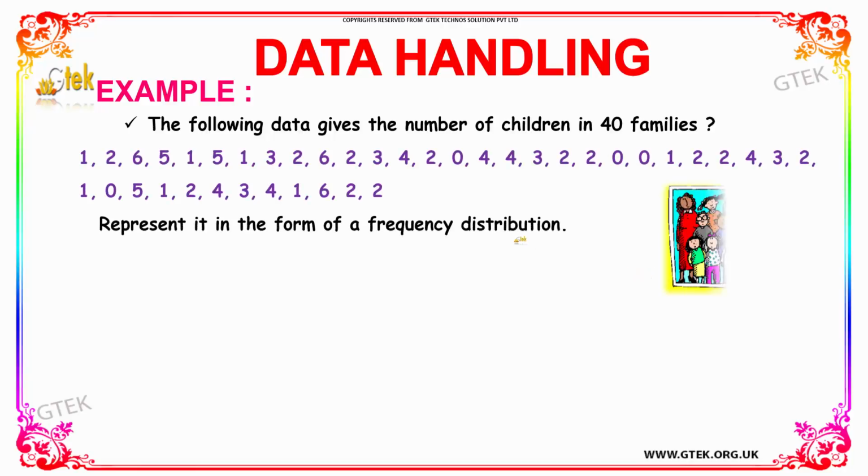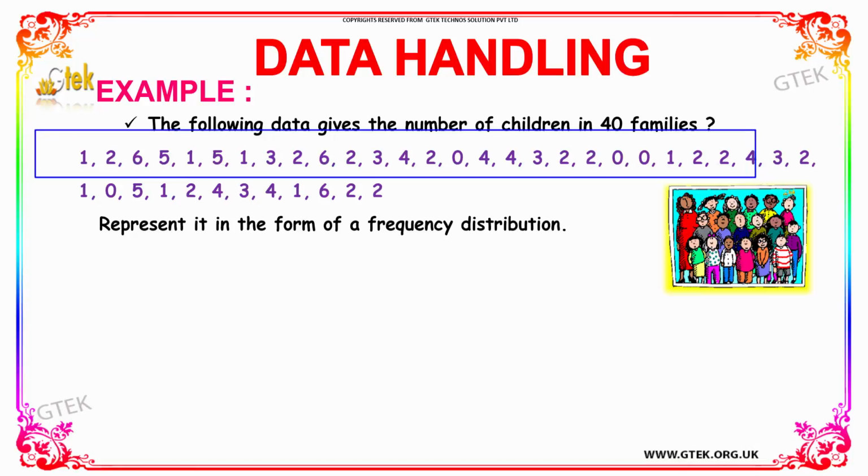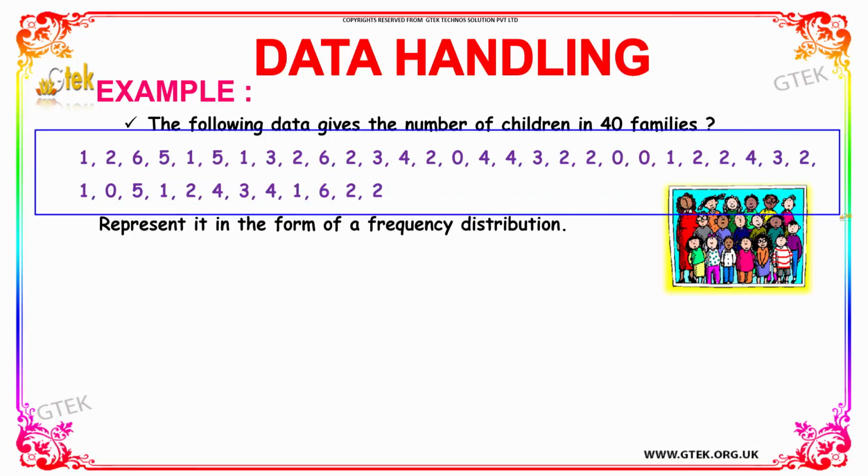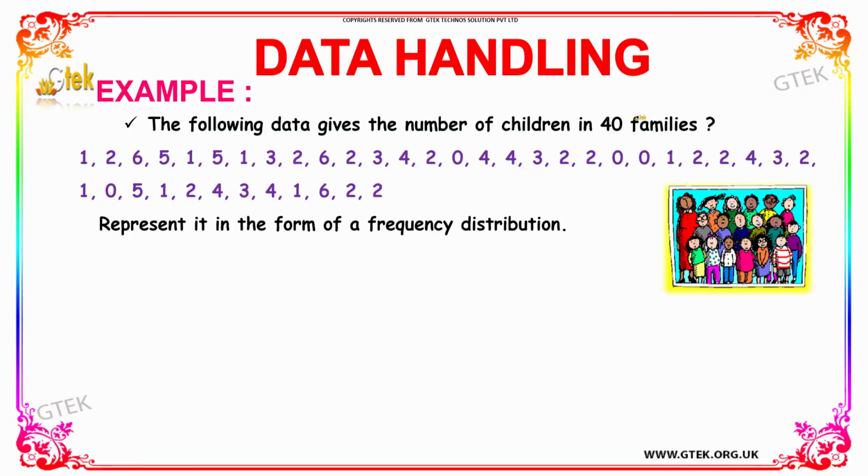Our next example is given with a set of data which gives the number of children in 40 families, and you have to represent it in the form of frequency distribution.